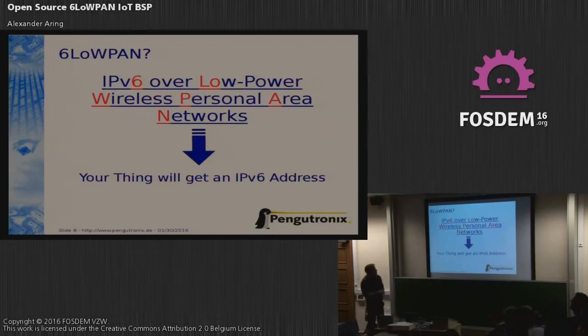It's also used by some small IoT operating systems like Contiki or RIOT OS, which run on small microcontrollers, and it means that your thing, which is connected to some microcontroller with Contiki or RIOT OS, gets an IPv6 address to get access from any IPv6 connection.